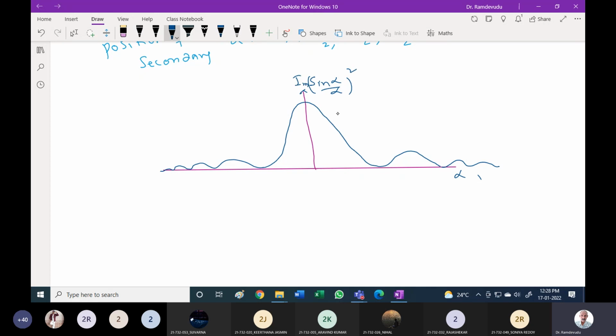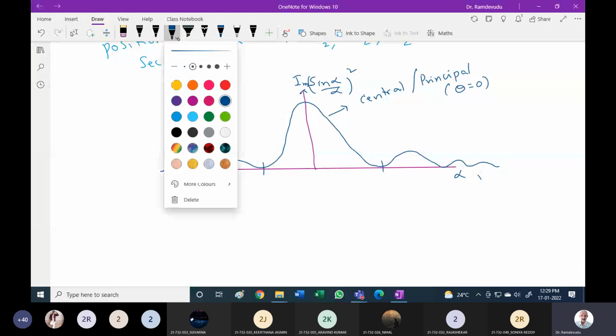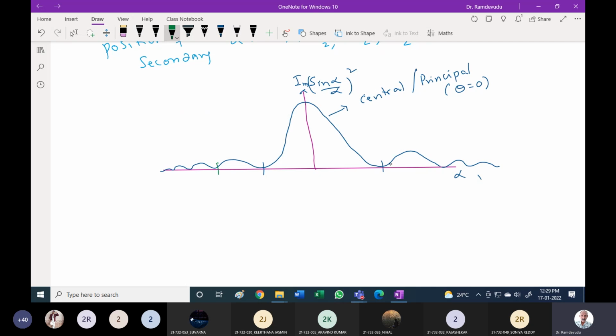Therefore, we can call this the central maxima or principal maxima. This appears at theta equal to 0. And these are called minima. If I take a different color, these we call minima positions.